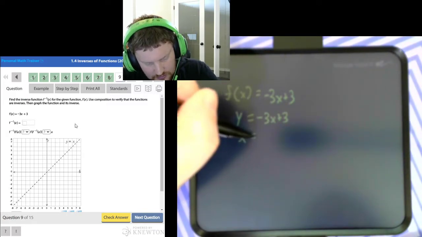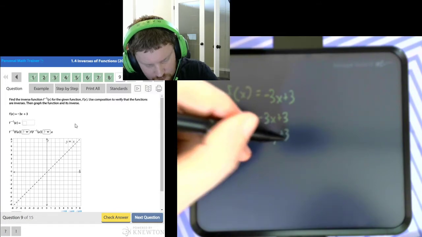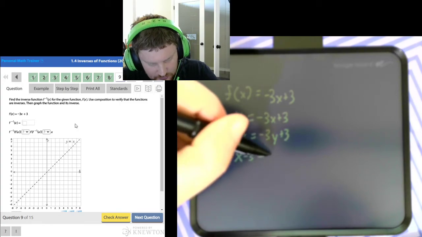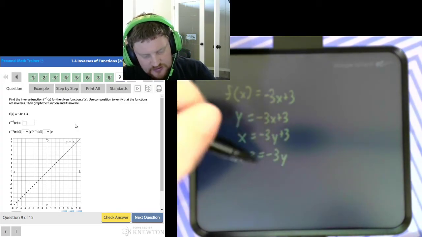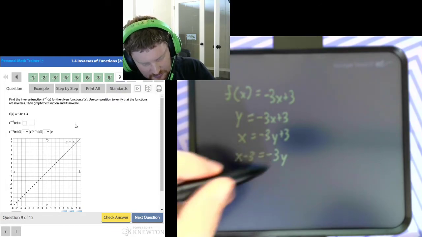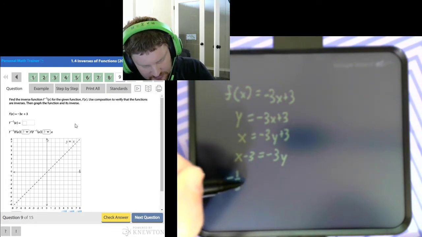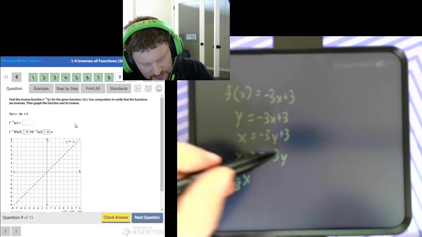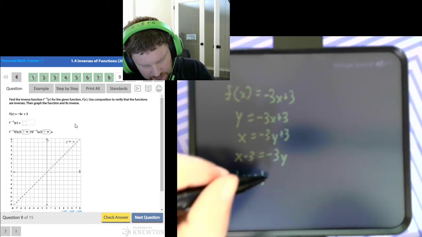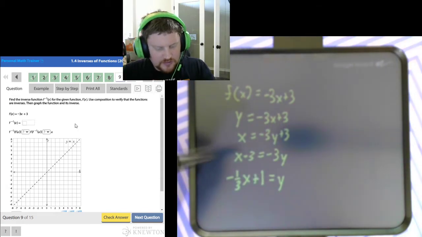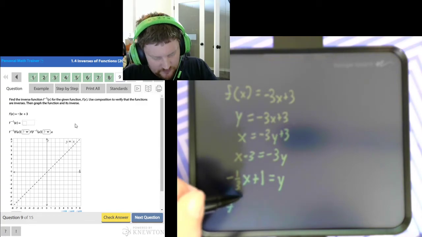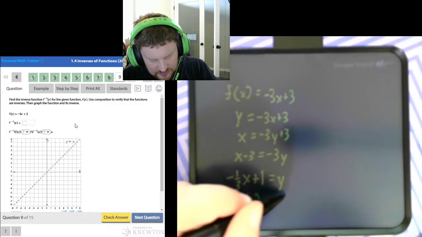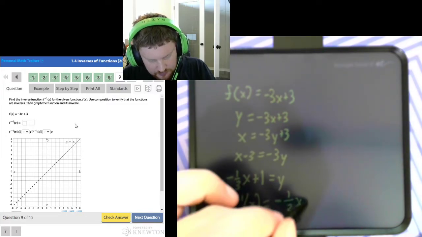Change x and y. PEMDAS backwards, so subtraction first. X minus 3 equals negative 3y. Divide by negative 3. We're going to get negative 1/3 x, or negative x over 3, depending upon how you write it. And then negative 3 divided by negative 3 is plus 1. Then we just change y to f inverse of x equals negative 1/3 x plus 1.